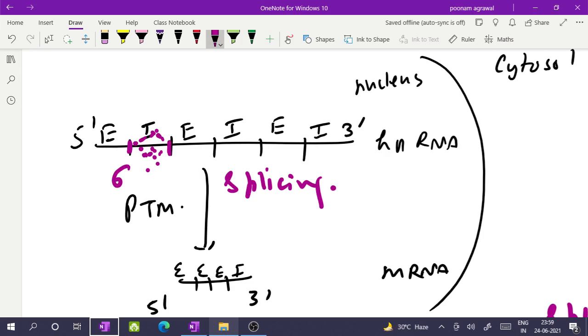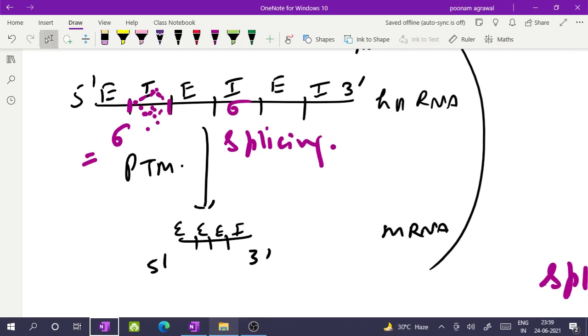This is how all the introns are removed in a loop structure form. This process is called splicing, which certainly reduces the length of the hnRNA. This is a completely nuclear process.